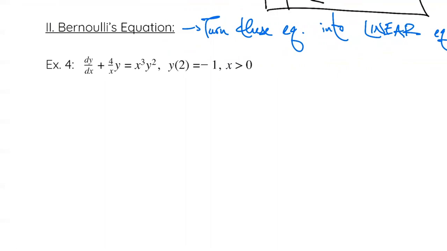Okay, so one thing that you might see here is that we have a dy dx. So we have a first order differential equation. And we might write this in a general form like this. We might have a y prime plus, this part should look familiar, a p of x times y. Okay.